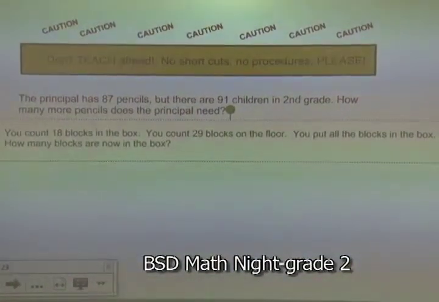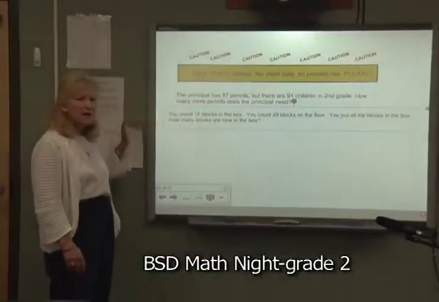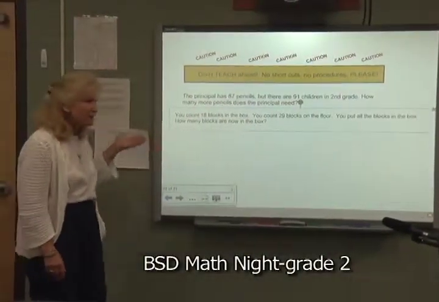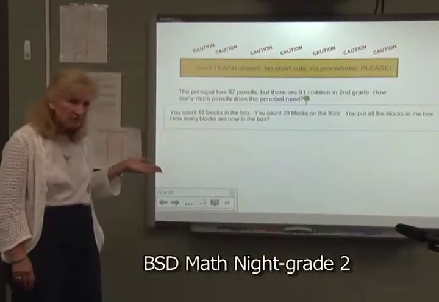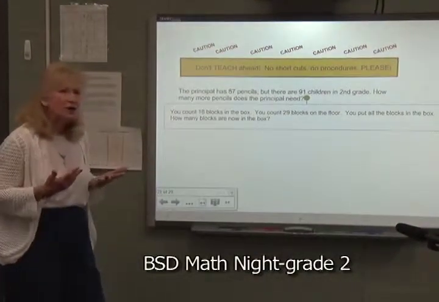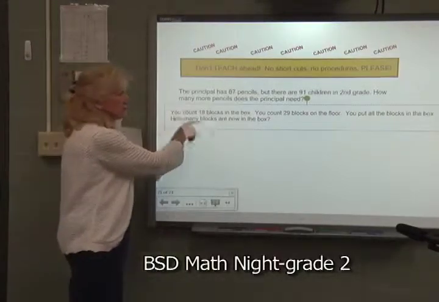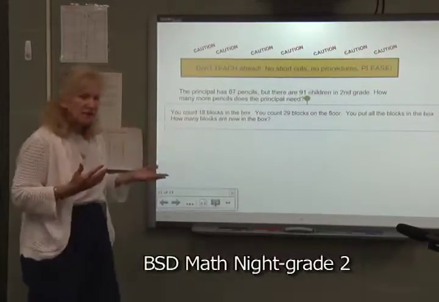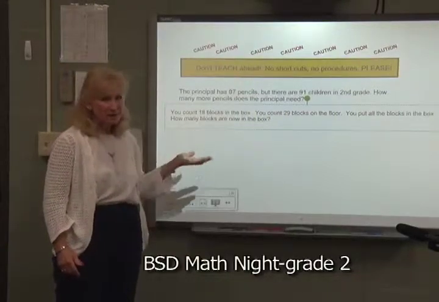I'd like to point out the language here to you. Notice it does not say how many blocks in all, how many blocks all together, how many blocks total. Those were once taught as keywords. We teach for understanding of what's happening in the problem. So how many blocks are now in the box?